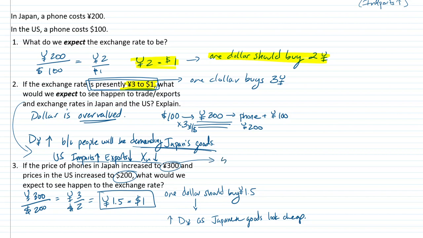That's a 50% increase, whereas in the United States, that's a 100% increase in the cost of phones. So naturally, people would gravitate towards that 50% increase, which creates another demand for yen, and the yen would eventually appreciate to 1.5 to $1 instead of 2 to $1, or originally that 3 to $1.